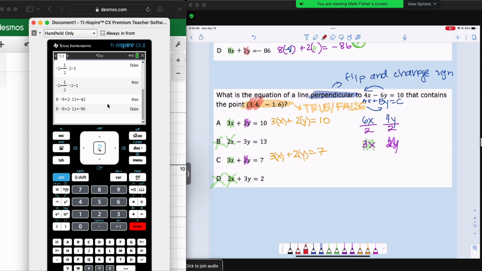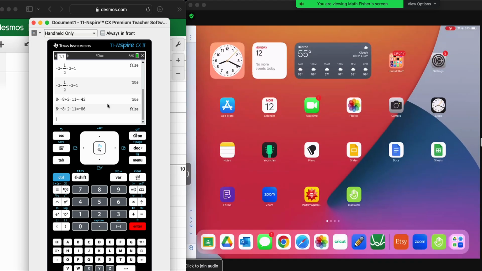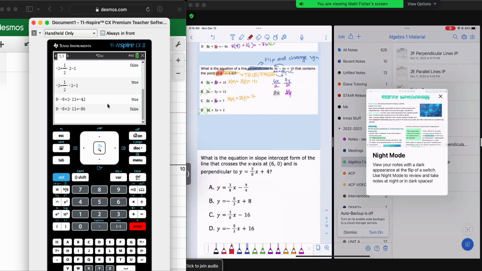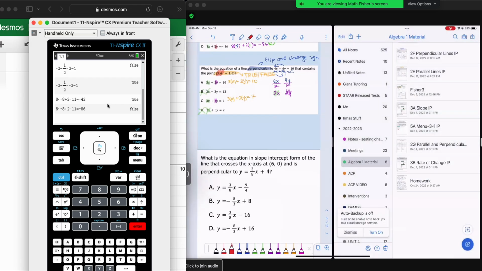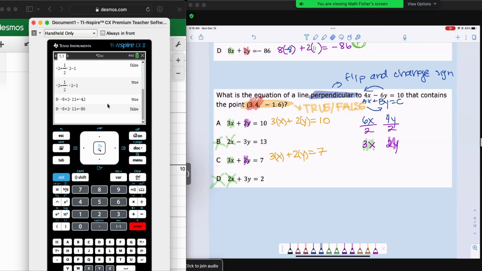Oh no, erase the x. You have 3.4. Then erase the y, and you're going to put -1.6. And now you're going to do true and false.